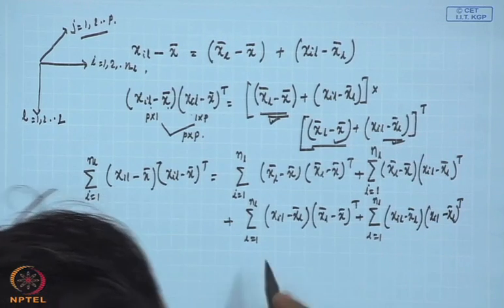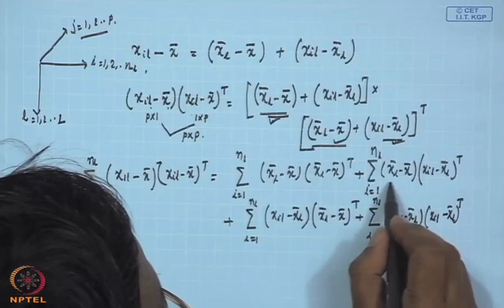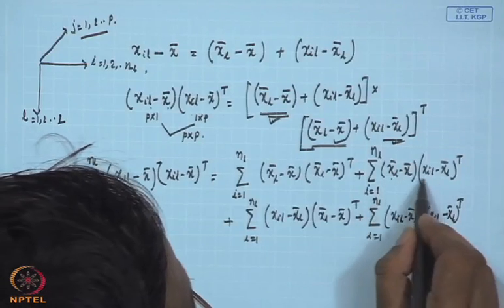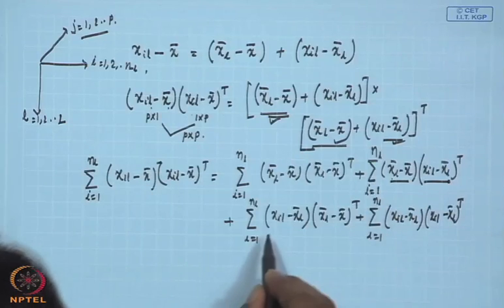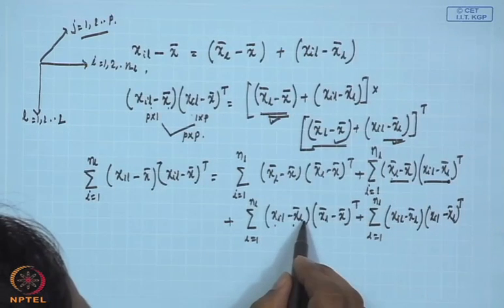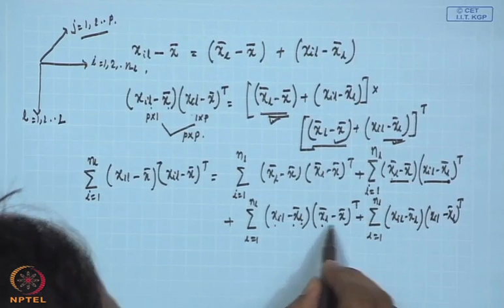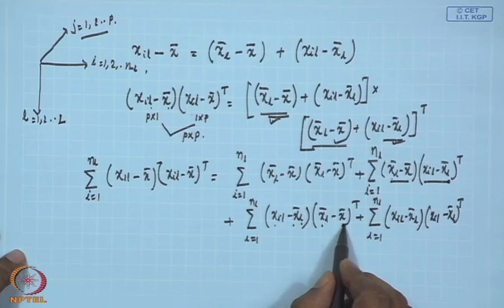See this one, the second term is XL bar minus x bar into XIL minus XL bar, and the third is XIL minus XL bar into XL bar minus x bar.